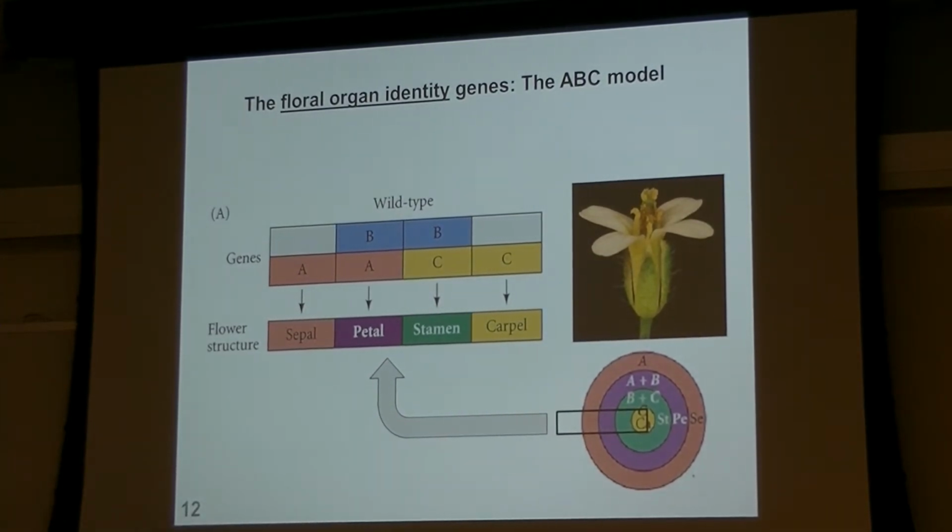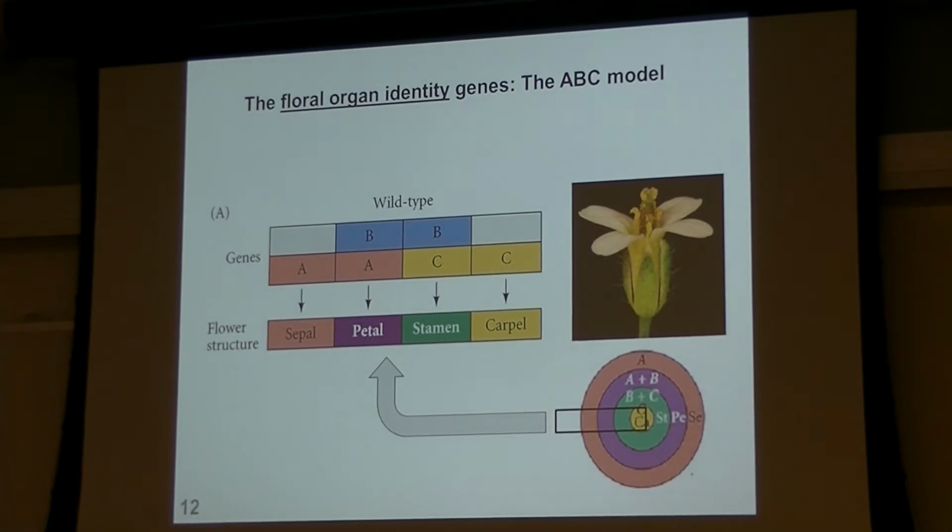So by as little as 3 classes of genes only, we can now pattern these 4 different classic flower structures. So what's nice about this is that you can very easily have mutations in any of these genes, and you can make some predictions about what should happen to the flower pattern if these genes were mutant.